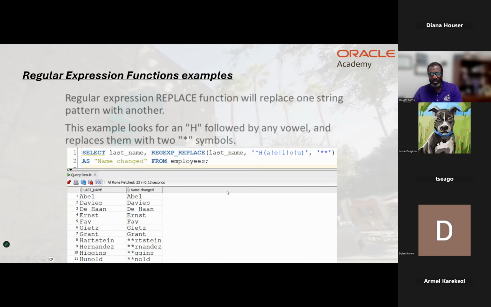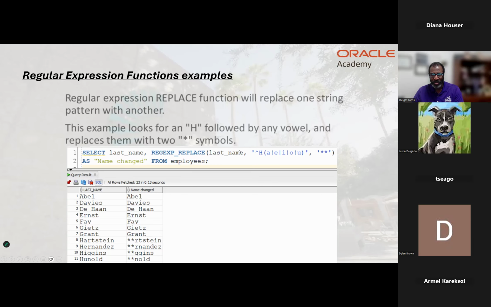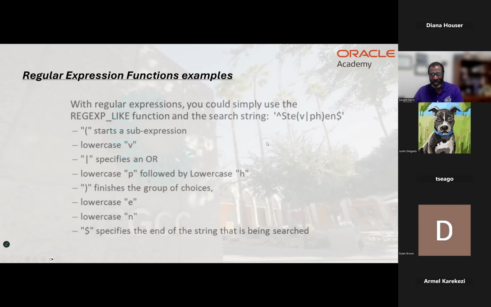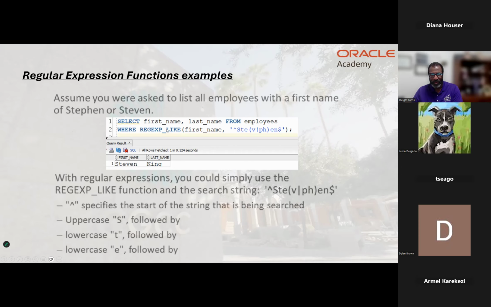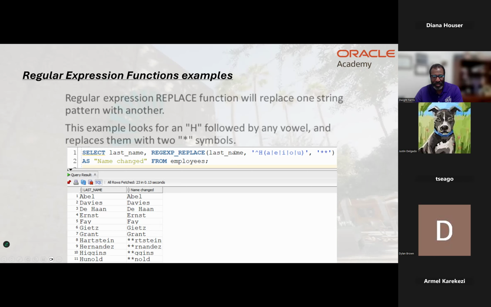So if you ran that query, selecting first name, last name, where the first name is Stephen, you would find anyone with that first name. And I think the only one that would return would be Stephen King.